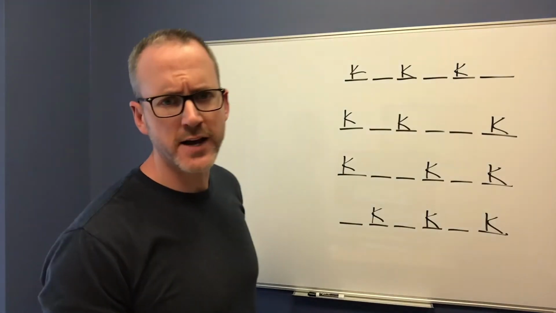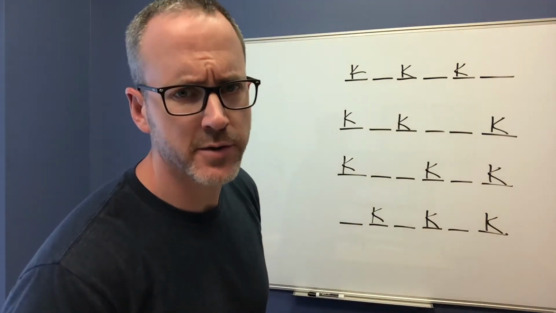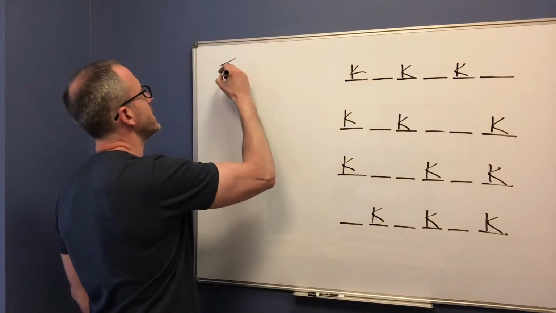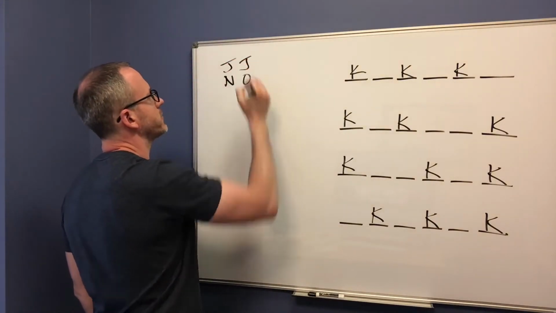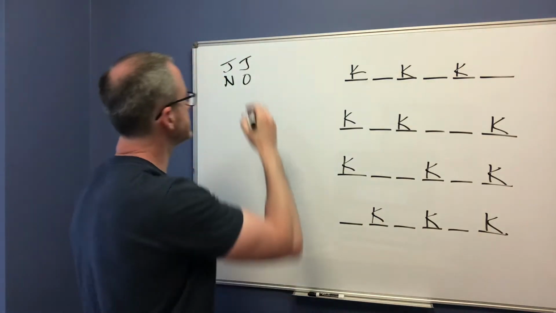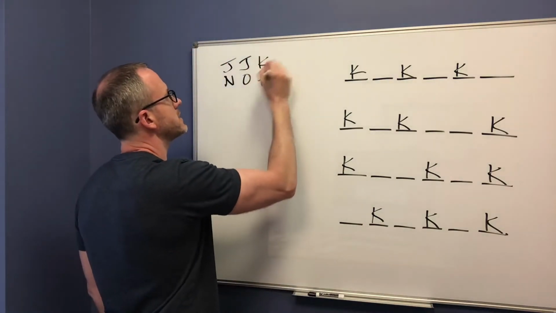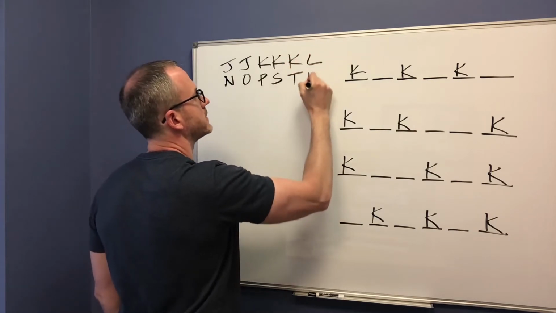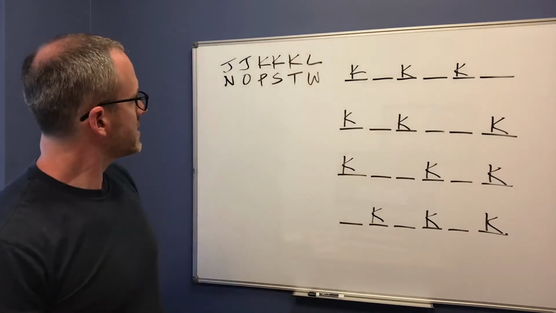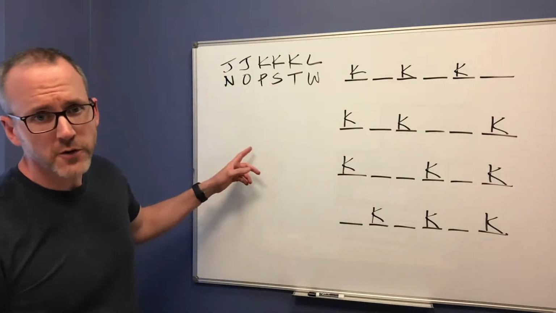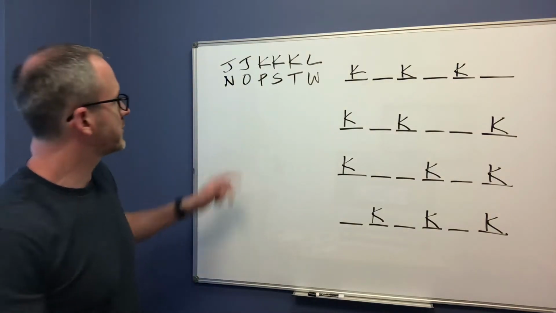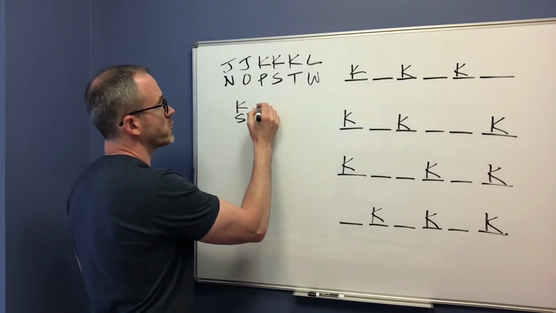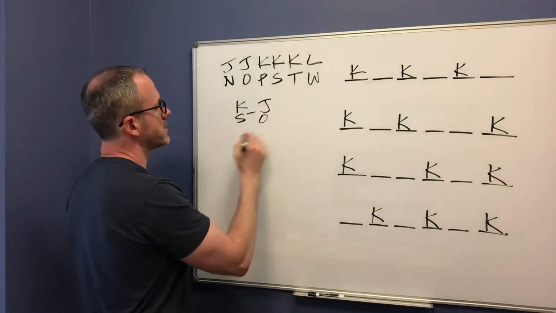What do we know? I do want to keep track of what everybody is teaching. So I have J is N and J is also O. K is P, S, and T, and then L is W. We know from the last two rules that S is before O. So that means KS is actually before JO.